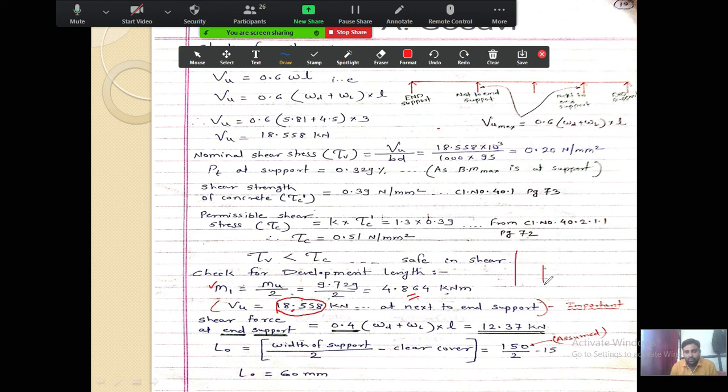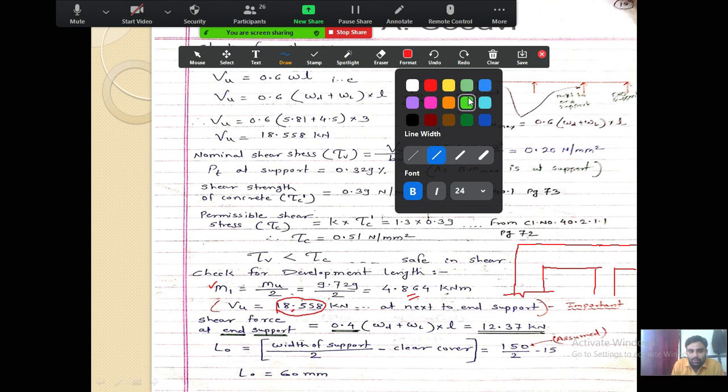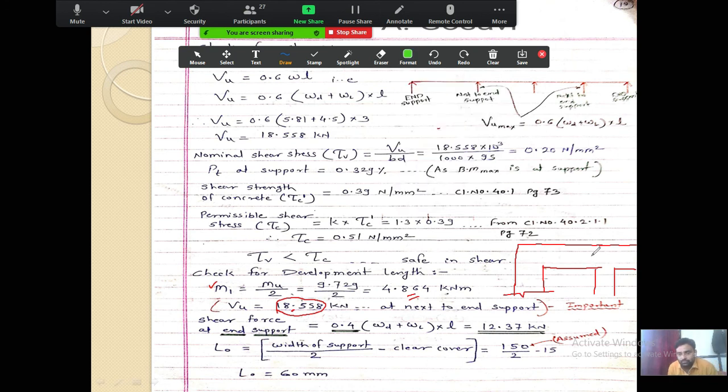If I draw the structure like this, suppose this is your slab, and I draw one more support here, and the slab is continuing ahead. The development length means what? Suppose the bar starts from here, comes to this point, and moves down.